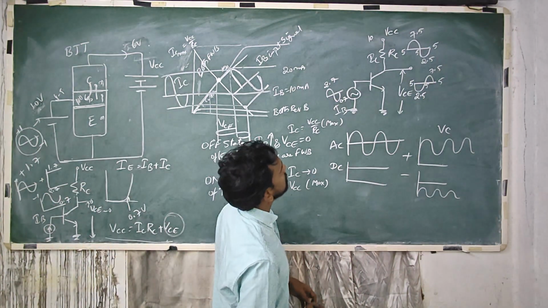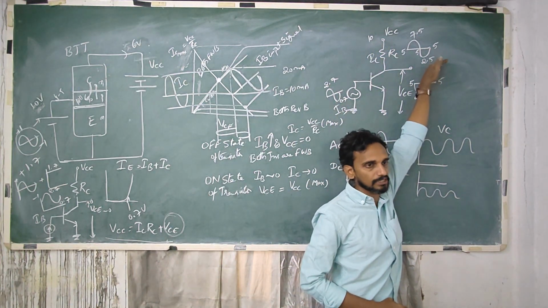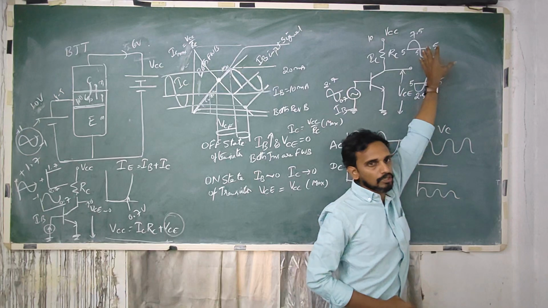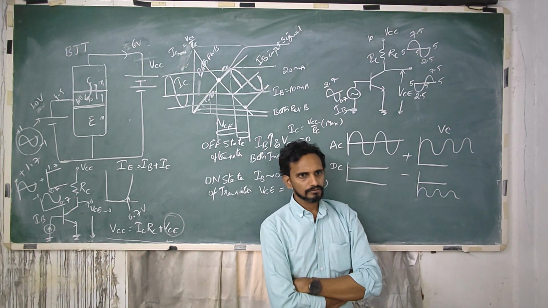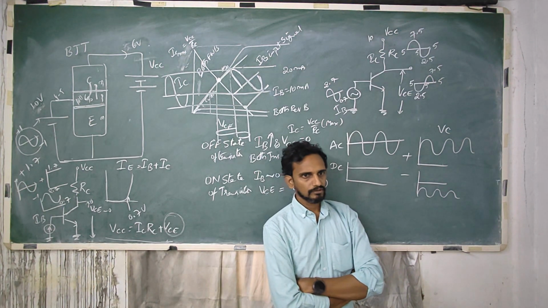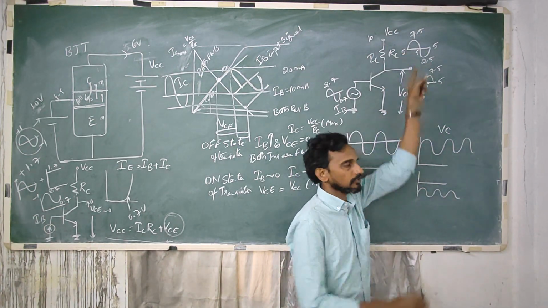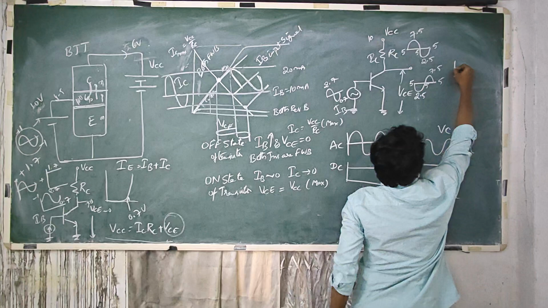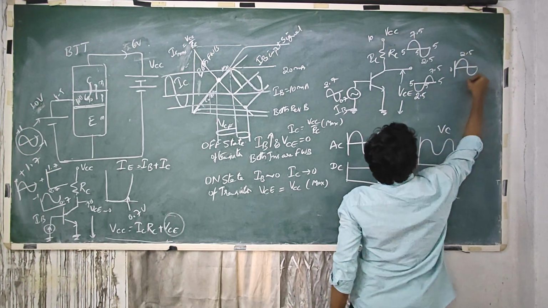So how much amplification happened? If I shift it back to original state, let's say if I remove the DC component from this, what do I get? How much should I remove? 5 volts is the DC level in this. So if I remove 5, what I get? 0, 2.5, minus 2.5.